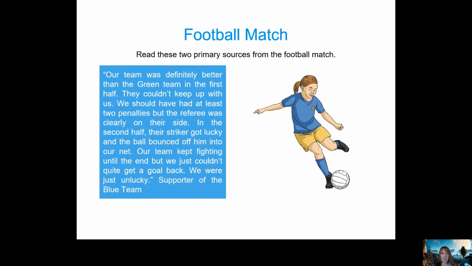Our team kept fighting until the end, but we just couldn't quite get a goal back. We were just unlucky.